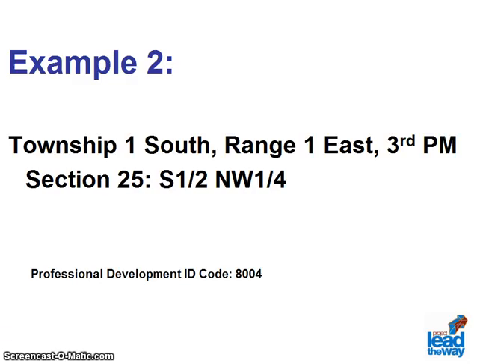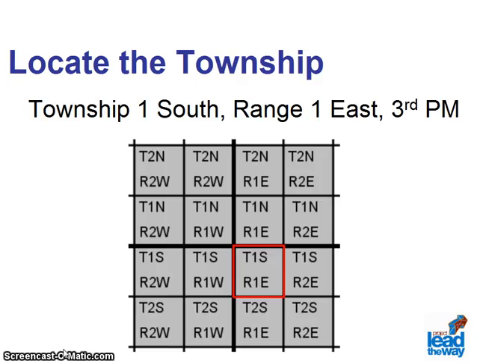Let's take a closer look at a property description using the rectangular survey system. Township 1 South, Range 1 East, 3rd PM, Section 25, South 1/2, Northwest 1/4. The first part of the description tells us the township.